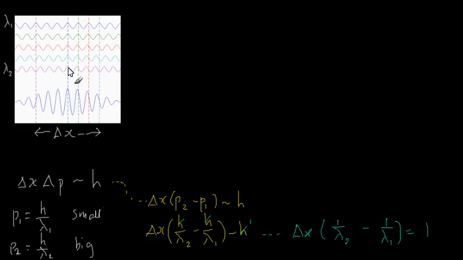Okay, now let's go back to these 5 waves. That is the place where I've chosen all the peaks to be at the same position so that they add constructively.